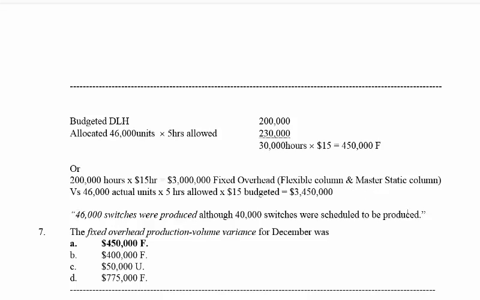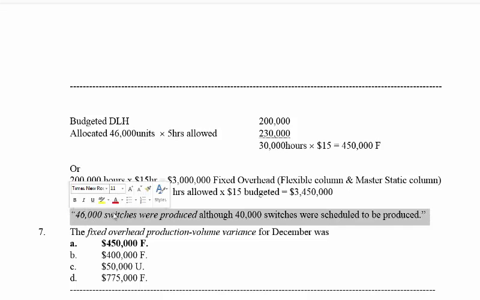I do want you guys to recall that in the data set, 46,000 switches were produced, although only 40,000 switches were scheduled. So when we did our calculations to come up with our fixed overhead per unit based on X number of hours allowed each, we calculated that based off of 40,000 switches.